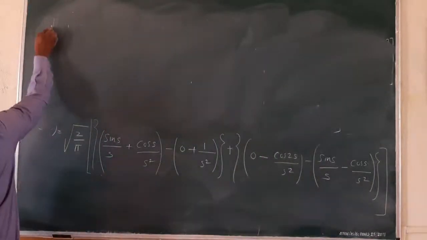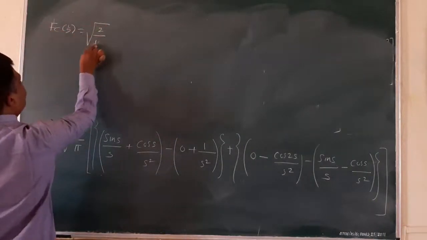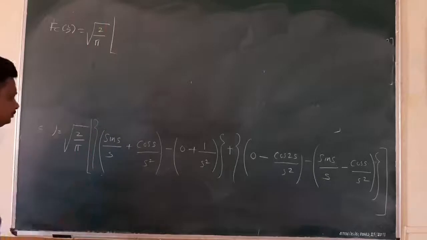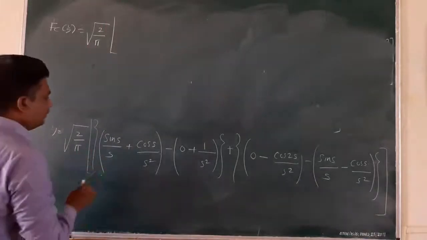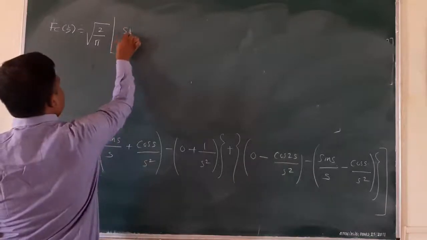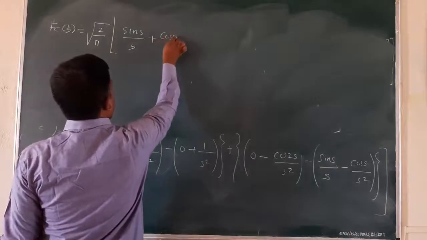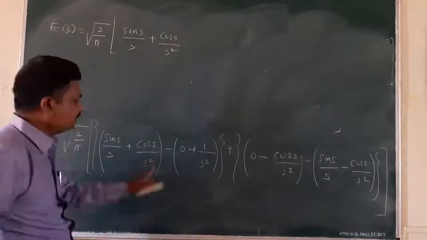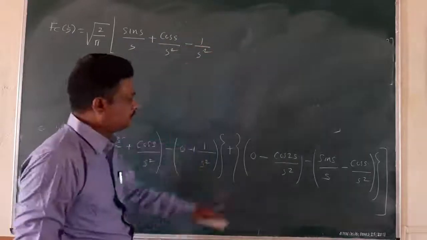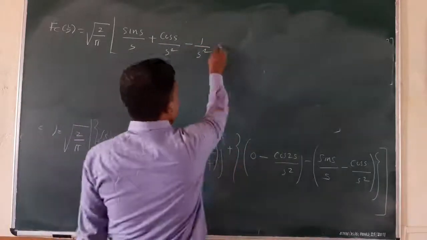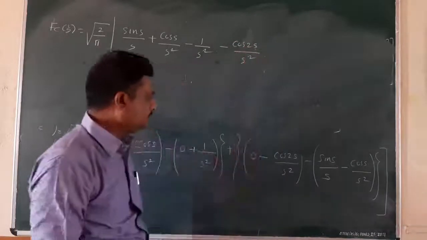So therefore Fc of s is equal to square root of 2 upon pi. So I simplify: sin s upon s plus cos s upon s square. This is minus 1 upon s square. So plus into minus, minus cos 2s upon s square.